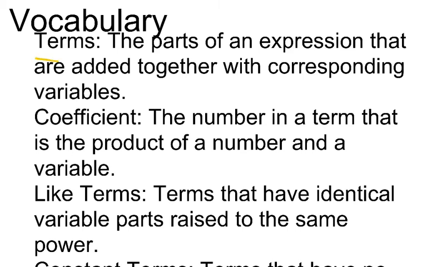Terms. Terms are the parts of an expression that are added together with corresponding variables. Terms can be a, plus 3, plus z. All of those are terms. A coefficient is the number in a term that is the product of a number and a variable.